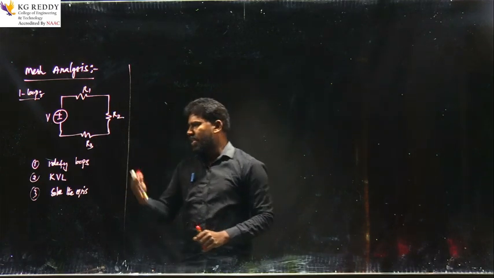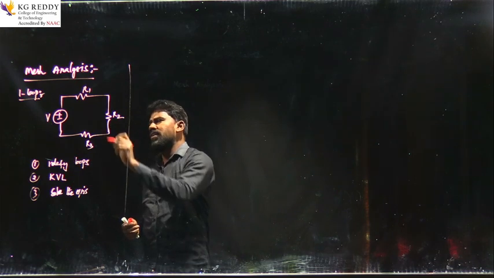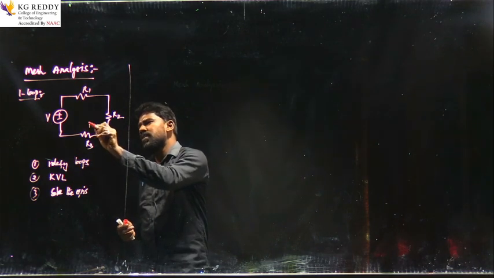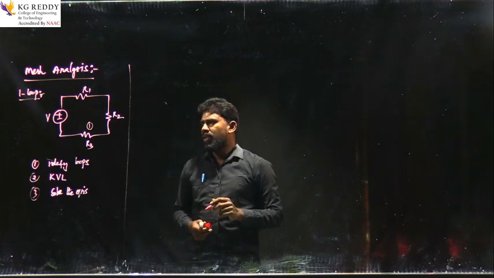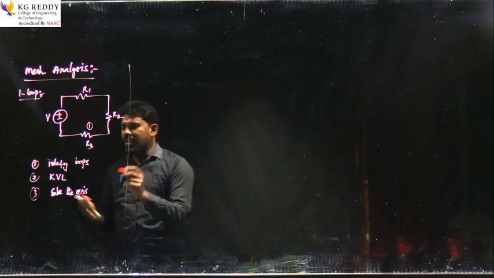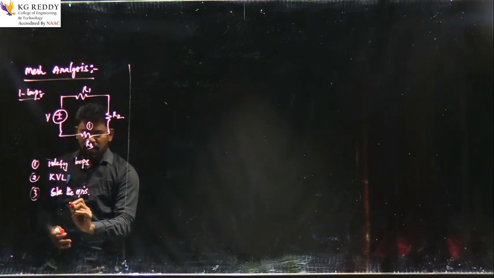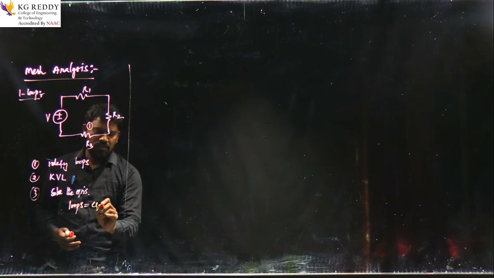You can see this is one example I am taking. Here how many loops are there? This is a single loop, so the number of loops in the network is 1. How many equations will you get? Number of loops is equal to number of equations.